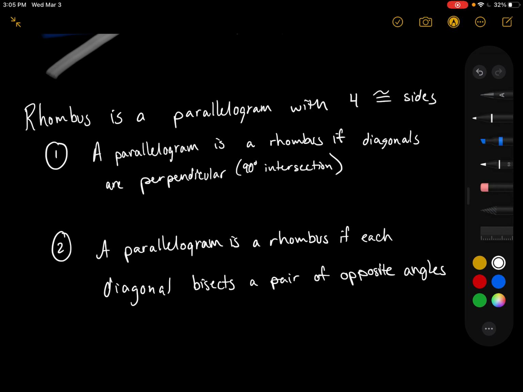So that basically means the diagonal is cutting the opposite pair of angles exactly in half. So both sides of the angle that it crosses are equal.